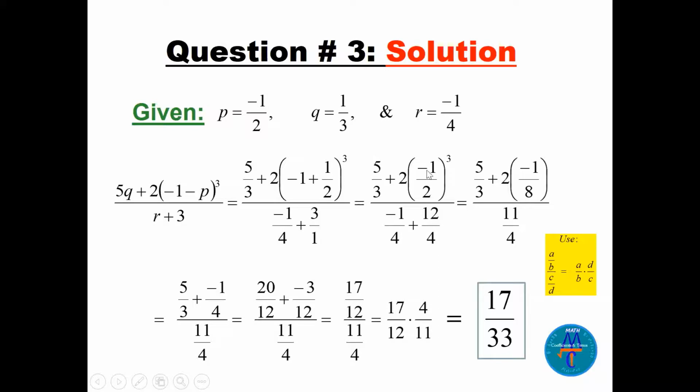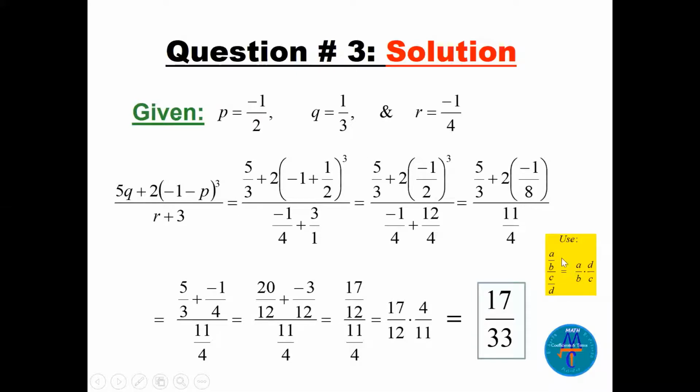All cubed. See, all cubed from the question. Now down we have r minus 1 over 4 plus 3 over 1. You see the 3 here? Why I put 3 over 1? To make it a fraction, because I have to use the LCD down in the denominator. See, the whole idea is to reach here.